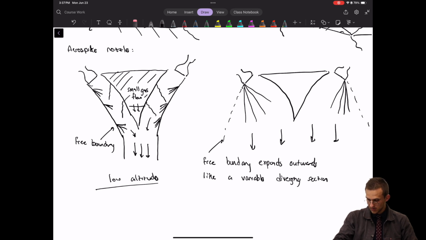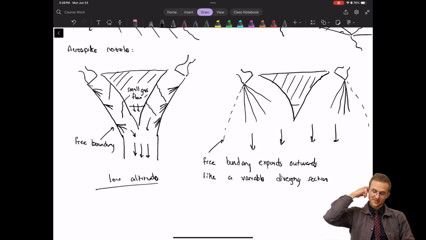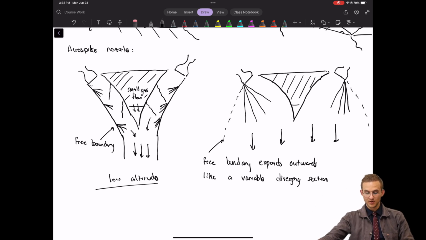Okay, so that's the idea behind the Aerospike nozzle. It's essentially utilizing this idea of the free boundary expanding. Notice that it functions just like a variable nozzle exit, so that you can continue to expand the flow when you get to those higher altitudes.